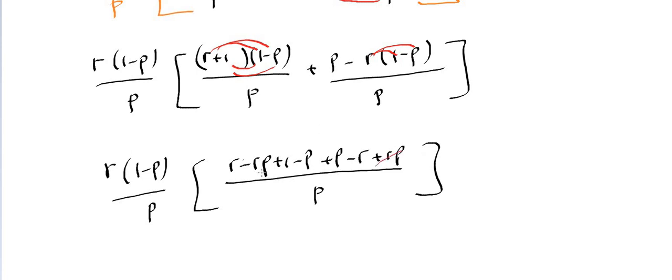Now positive rp cancels negative rp, negative p cancels positive p, r cancels r, we are left with 1 over p. And if we multiply this expression by r times 1 minus p over p, we're going to obtain r times 1 minus p over p squared. So this is our variance.